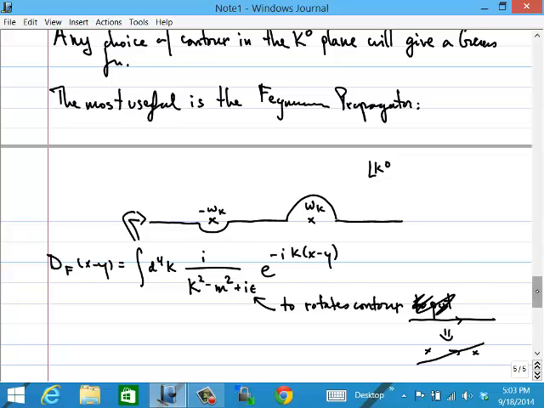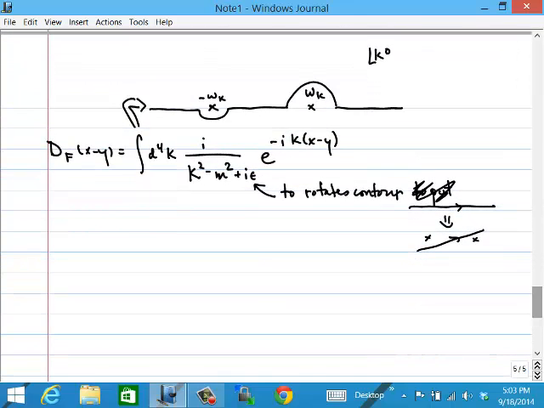What is its physical interpretation? First, let's imagine calculating this when x⁰ is, say, bigger than y⁰. When x⁰ is bigger than y⁰, you perform the contour integral by completing it in the lower half of the k⁰ plane, because that's where the integrand vanishes.